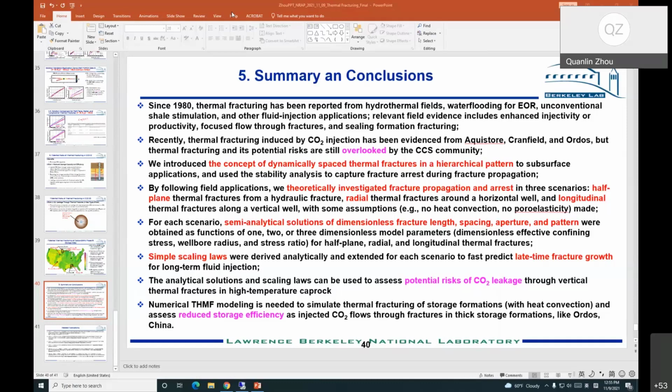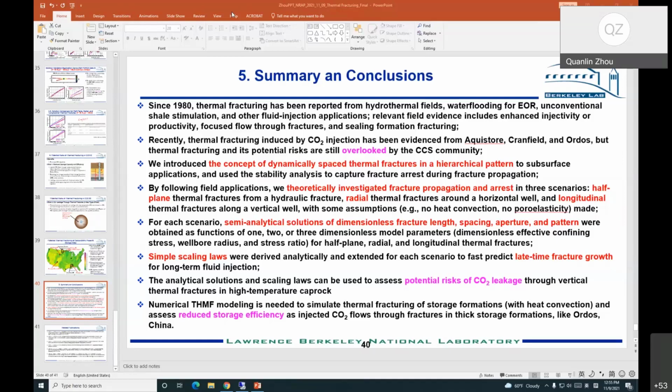From their study, they have to consider the combined effect of thermal fractures and hydraulic fractures, because sometimes they don't follow CO2 injection practice.